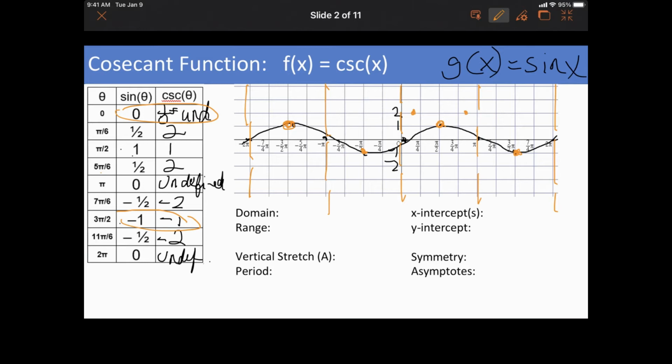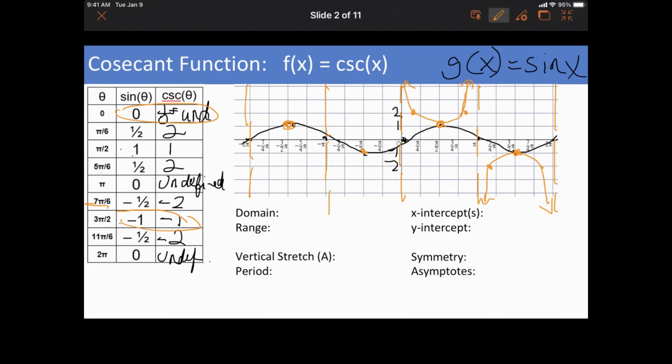So what happens, it looks like a nice U. Now you have to make sure that it stays between the asymptotes. So what about over here? Well, at 7 pi over 6, which is about here, it's going to be 2 again, or negative 2. 11 pi over 6, which is over here, it's going to be negative 2. So again, you have another U-ishy shape.